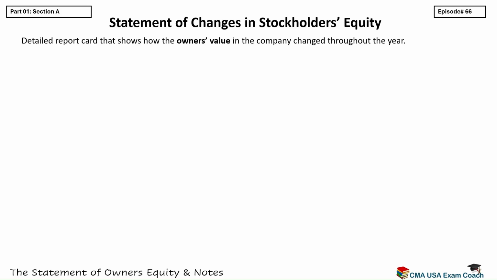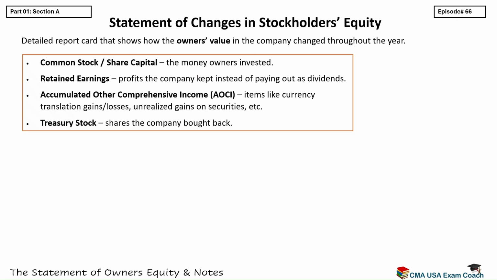Equity isn't just one number, it's made up of several different accounts, such as common stock/share capital, the money owners invested, retained earnings, profits the company kept instead of paying out as dividends, accumulated other comprehensive income, AOCI, items like currency translation, gains, losses, unrealized gains on securities, etc. Treasury stock, shares the company bought back.